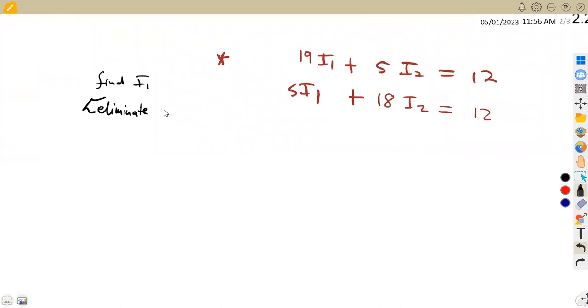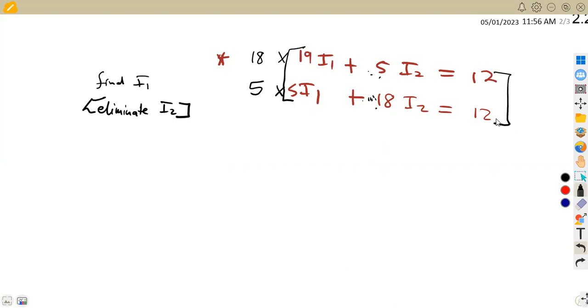To eliminate I2, I'm supposed to have the same coefficients. So I interchange these numbers 18 and 5 on I2, meaning on top we are going to multiply by 18. On the second equation, we are going to multiply by 5.